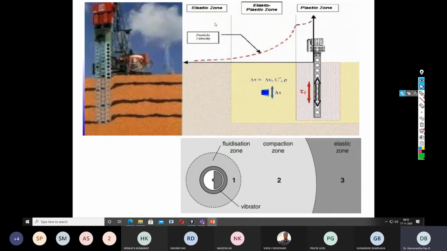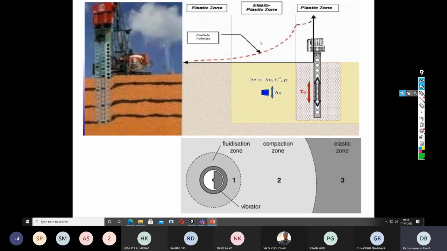Now if you look at the fundamental meaning of the elastic zone, elastoplastic zone and plastic zone: elastic means that upon removal of the energy, the soil regains its shape. That means whatever densification happens in the elastic zone, it may regain its original state, so we can't expect any densification in the elastic zone.